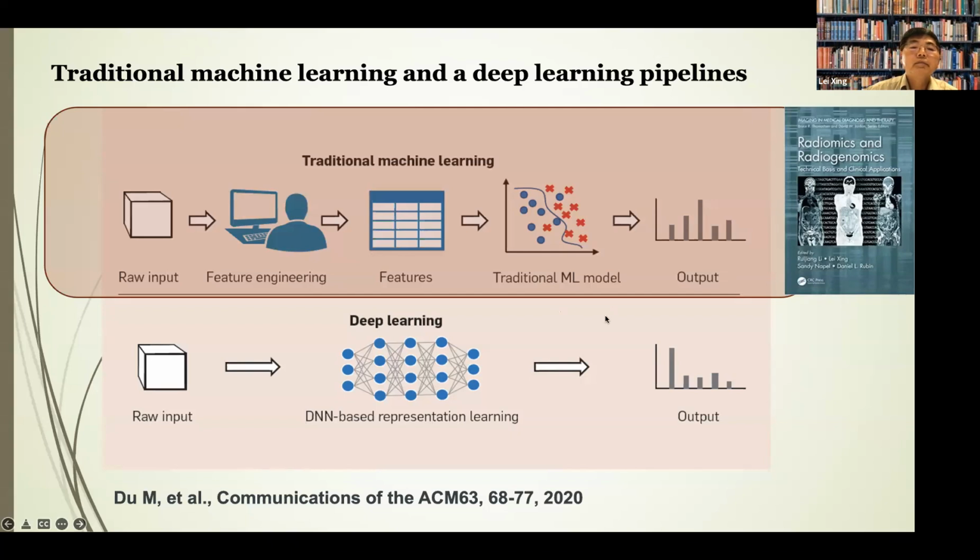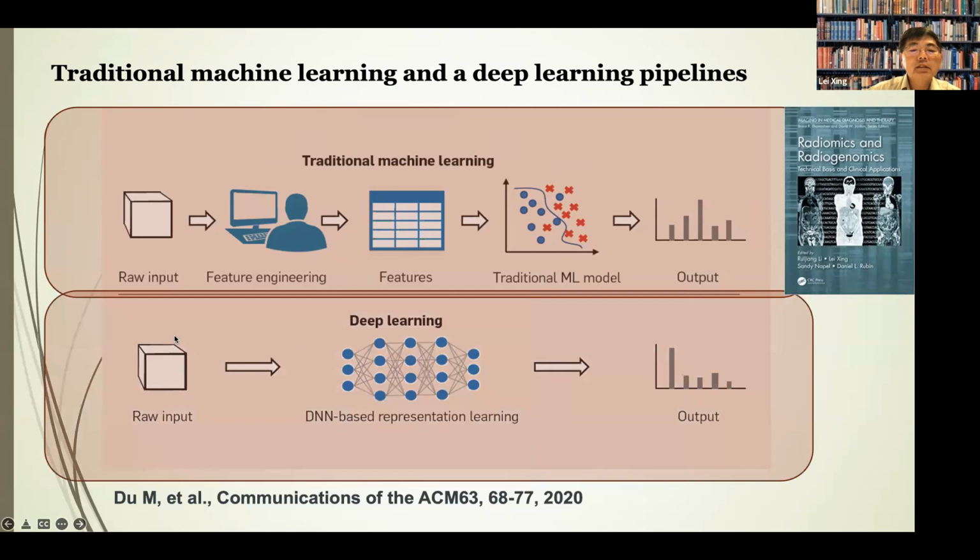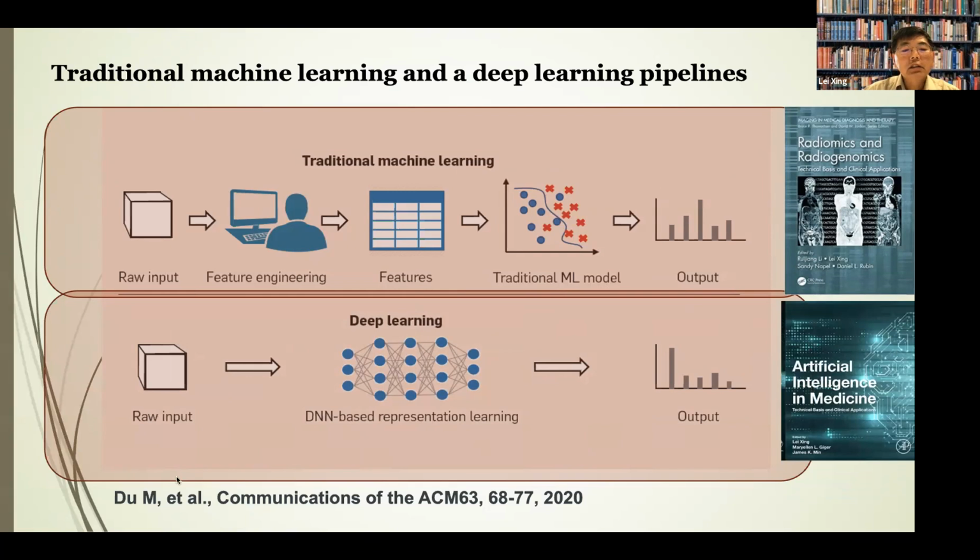We do have a book on radiomics and radiogenomics. Radiogenomics is trying to link the genomic information together with the imaging information to predict treatment outcome, right? And since 2015, the field has been migrating to deep learning. With deep learning, you don't have to manually extract any features.